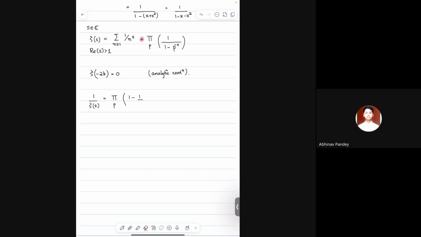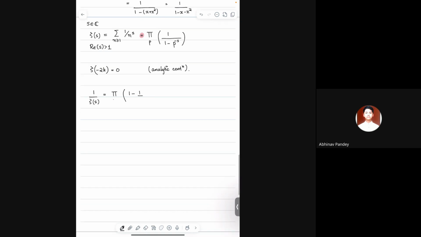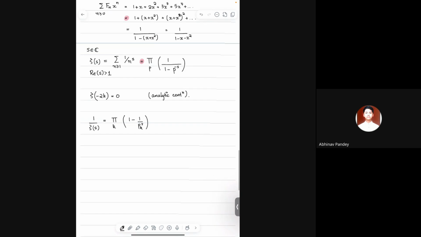Yeah, I mean, I can write it as product over all p, but I want to write it a little differently. I want to write it as a product over all k, but I'm writing my primes as p_k, right? So p1, p2, p3, there are infinitely many primes. This is the same thing as I've written above, except that I think I made a mistake here. This one should have had a negative 1.